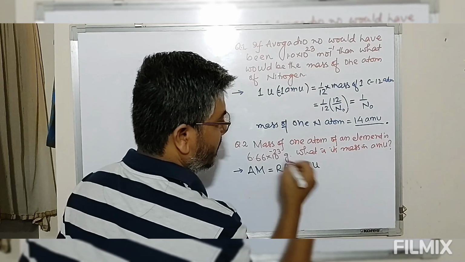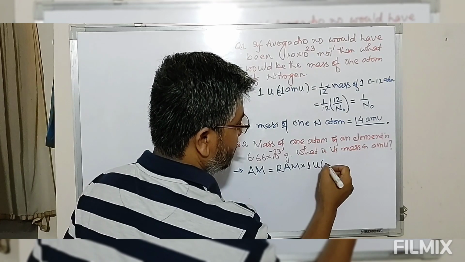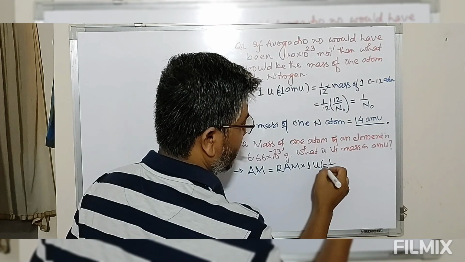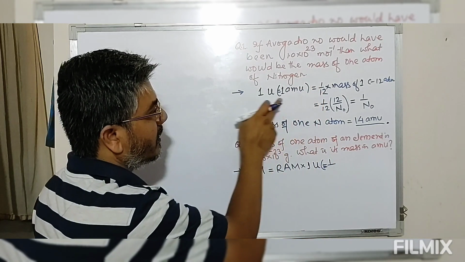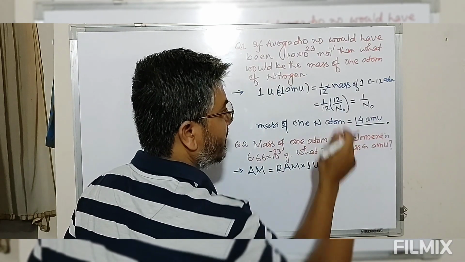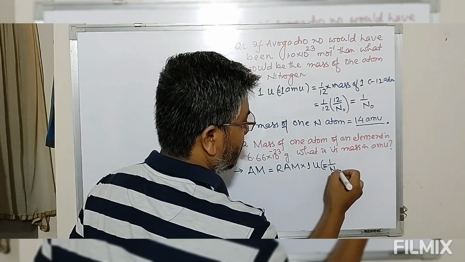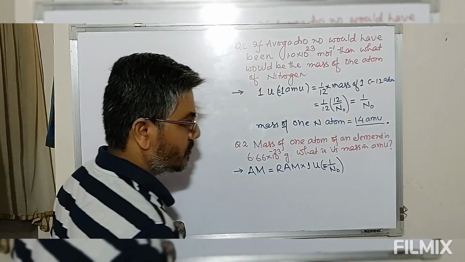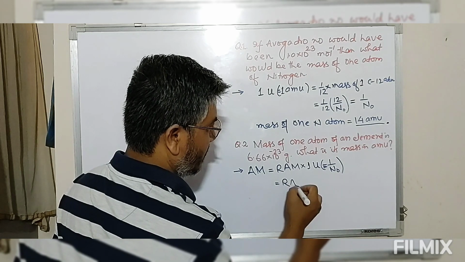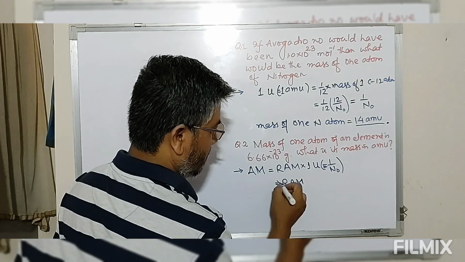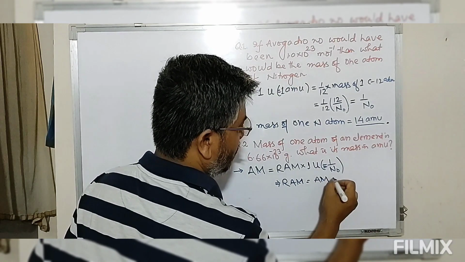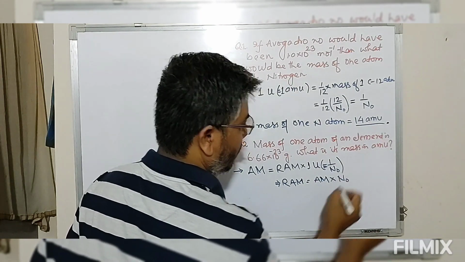This unified mass is equal to 1 by N0, as we have discussed in the first problem. So therefore we say relative atomic mass is equal to absolute mass multiplied by Avogadro number.